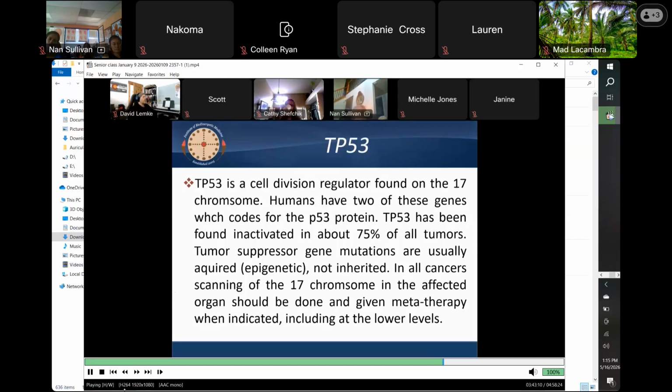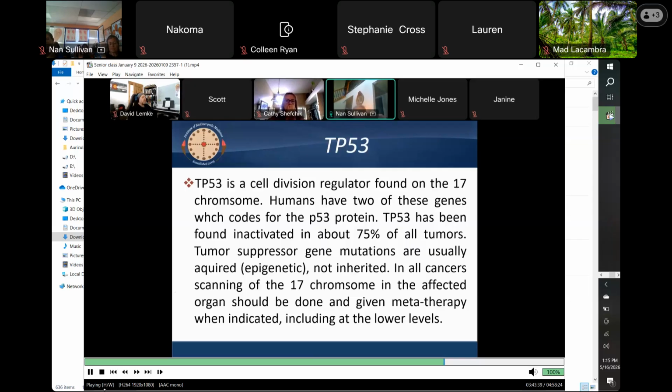Mom and dad's contributions of TP53 have been turned off, which means you have no regulation of a tumor. The tumor can grow and do whatever it wants. There's no message for it to commit suicide, apoptosis.